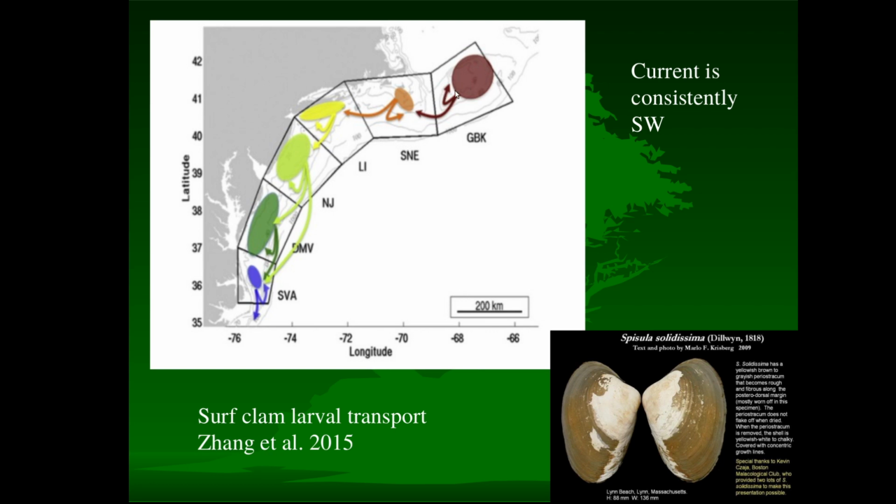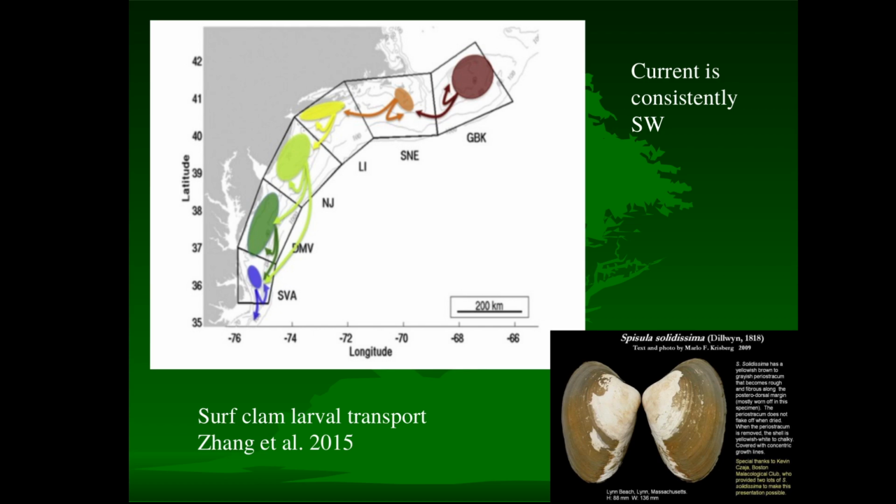These are subpopulations on the Atlantic coast, and the larval transport tends to be from north to south, with a little transport within the population as well. But most transport is from north to south. So populations to the south are easily rescued, but populations up on the north are less easily rescued.